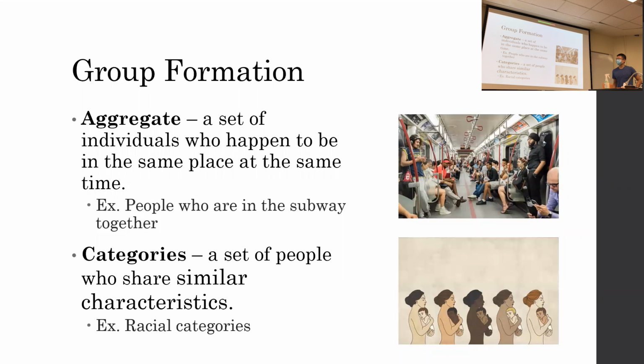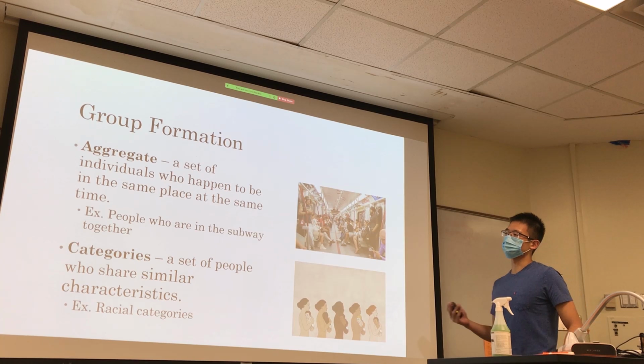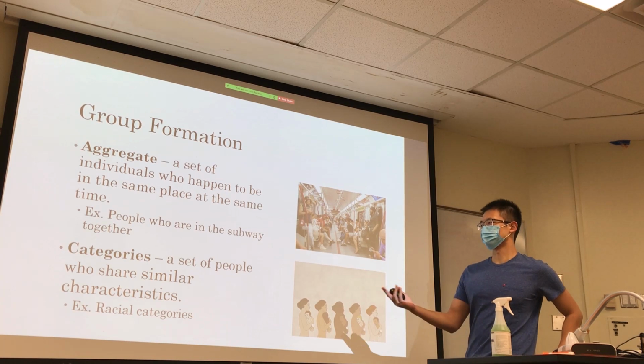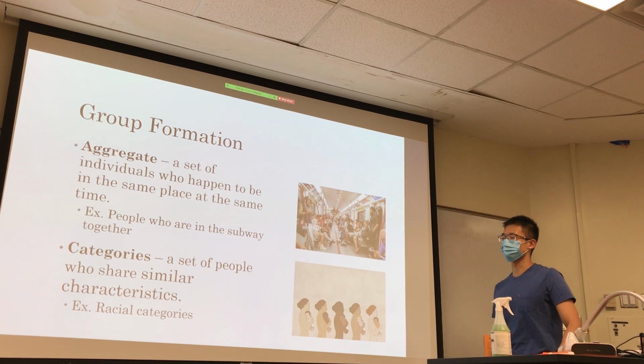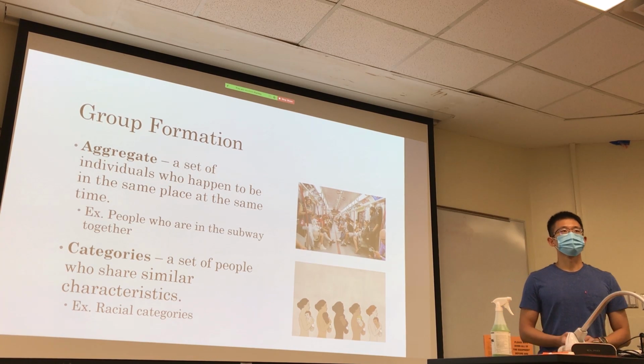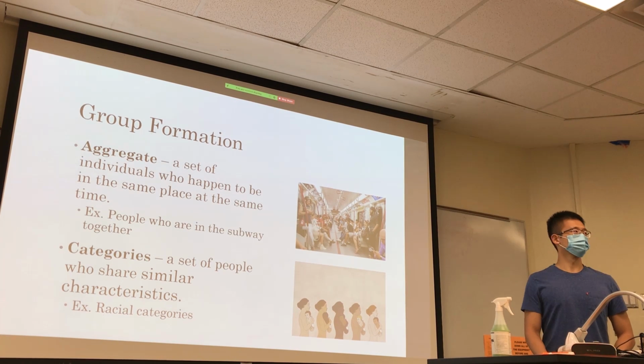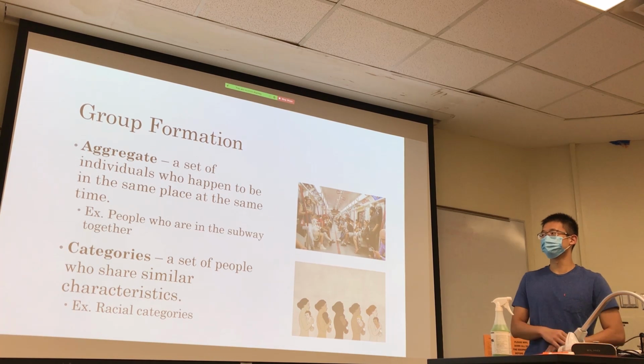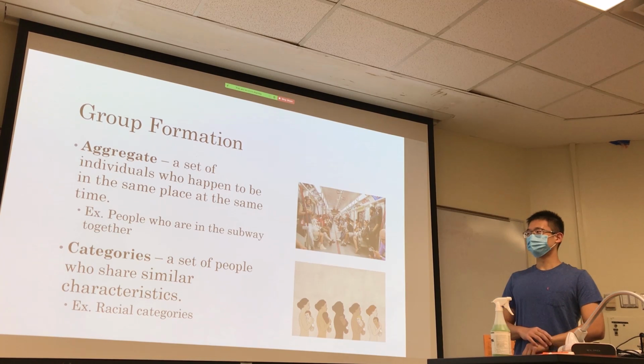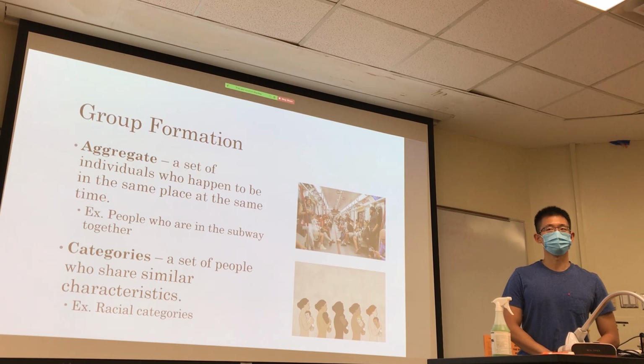Now can you think of any other example of an aggregate or a category? An aggregate would be people in the elevator. People in the elevator? Yeah, very good. Any other example?